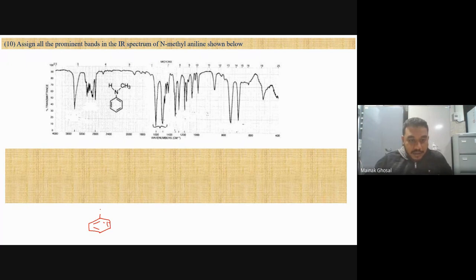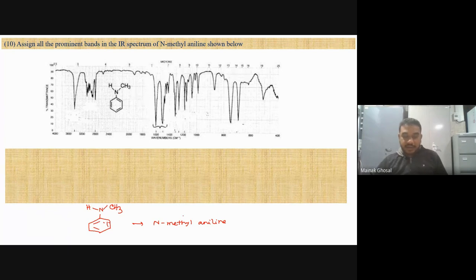Now here, what is the name of this compound? This is N-methyl aniline, right? I need to confirm from this IR spectra whether the structure they have predicted is correct or not.